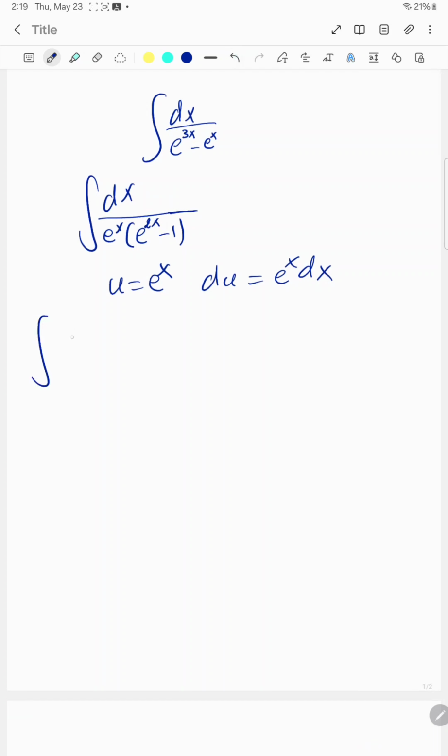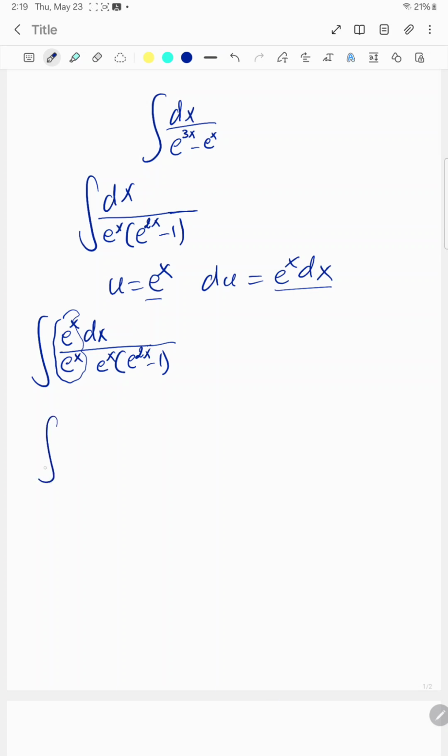So my integral becomes e to the power of x dx divided by e to the power of x. So this is the e to the power of x that I added, I divided by it. And I used to have e to the power of x times e to the power of 2x minus 1. Now if I replace u by e to the power of x, I can replace du by e to the power of x dx, which is exactly what I have in my numerator.